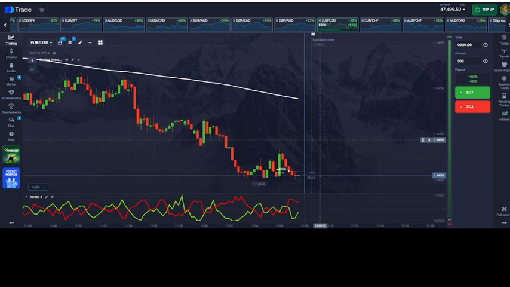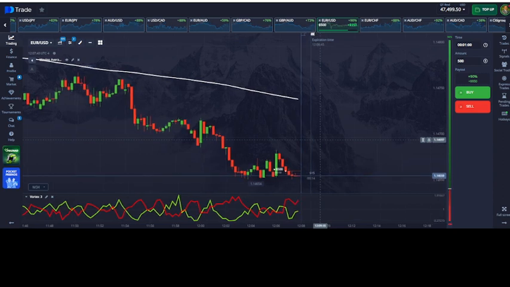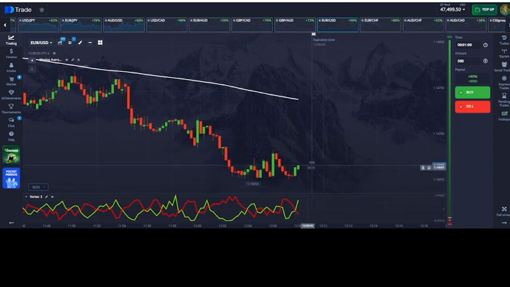It's pushing downward. Well, I've set my candles to 15 seconds, so these are 15-second candles you're seeing here. All right, so we lost that trade.